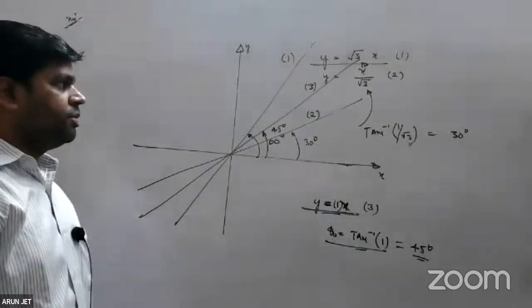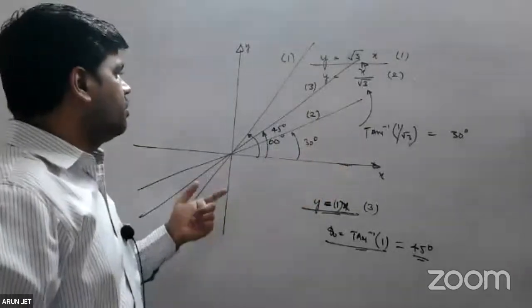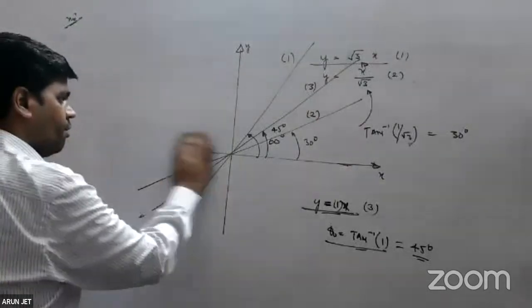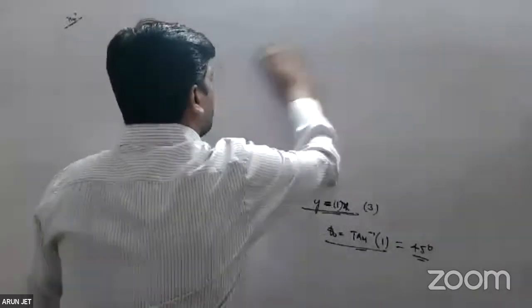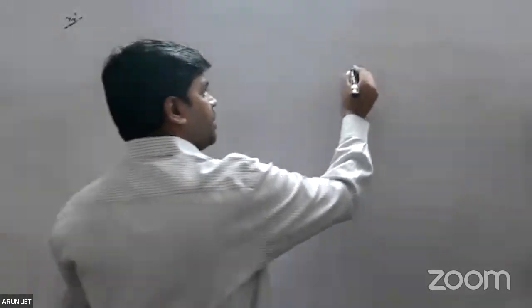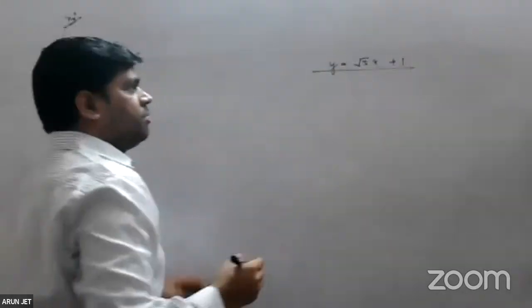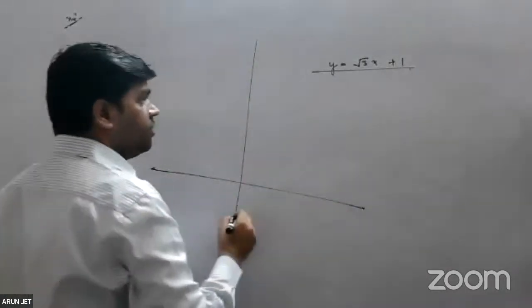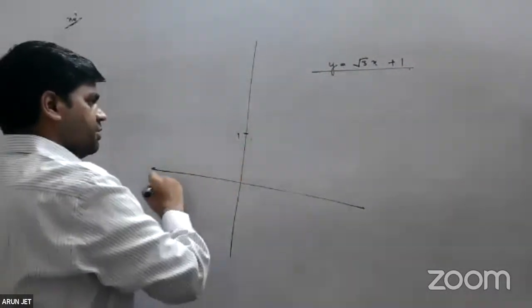All right. So this is how we sketch a straight line without an intercept. If we have an intercept, what do we do? Say I have to plot root 3x plus 1. Y-intercept is 1, and the angle it makes with the x-axis is 60 degrees.